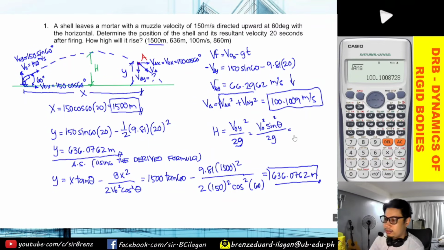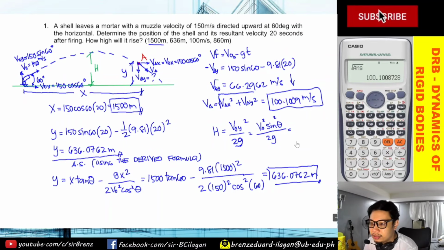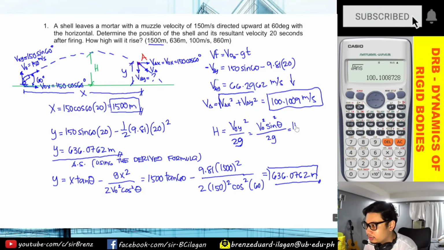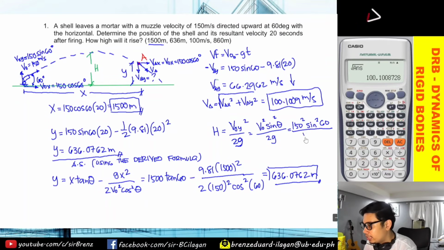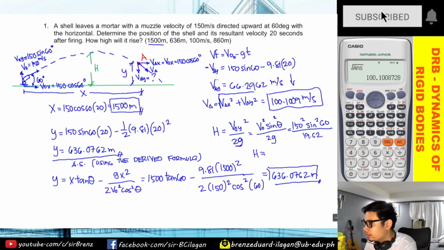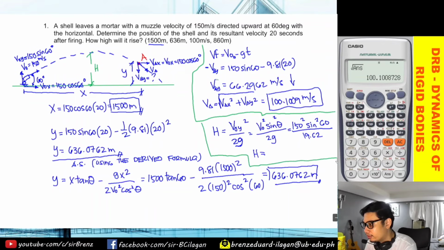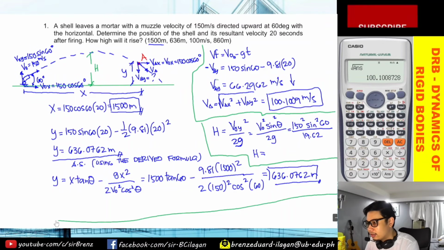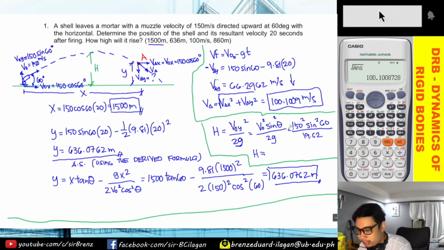Okay, so ilagay lang natin yung mga value. So 150 squared sine squared 60 all over 19.62 or 2G. So, ganun rin naman yan. So, lagyan ko lang guys ng mga boundary para at least hindi nagkaalituan sa solution, para pag kinopya nyo. Ayan. So, what is H?